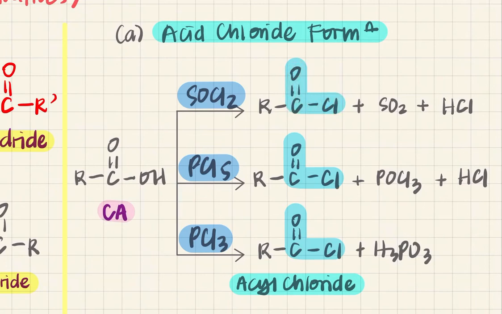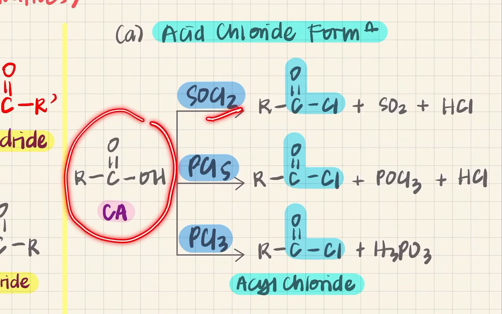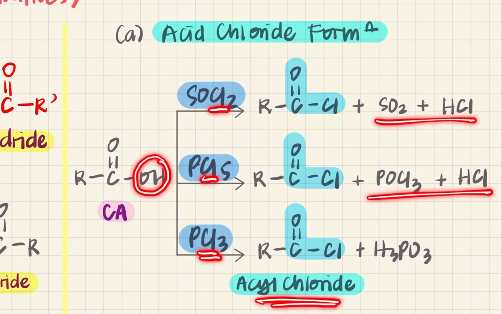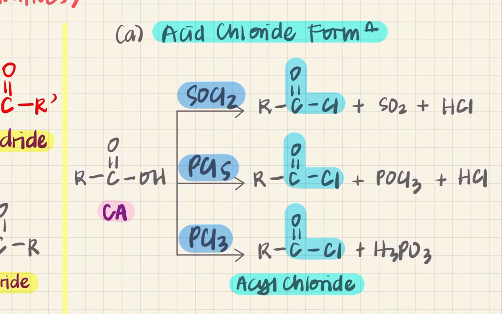So when you react your, macam alcohol, okay, if you react your carboxylic acid with these reagents, you will substitute your OH with the Cl. So you will get acyl chloride, okay, with its respective byproducts. Okay, itu untuk form acyl chloride.